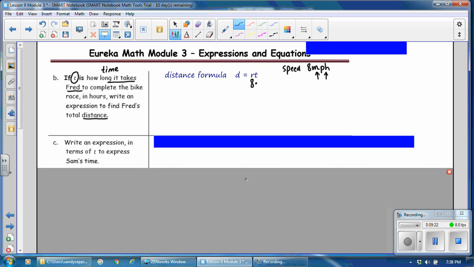So we're going to multiply 8 miles per hour times the time, and that's going to tell us the distance. So that's using the distance formula. This problem, however, says expression, not equation. So we just want to talk about the distance. Well, the distance is 8 times t. So we're only going to talk about that, 8t. And that represents Fred's distance.